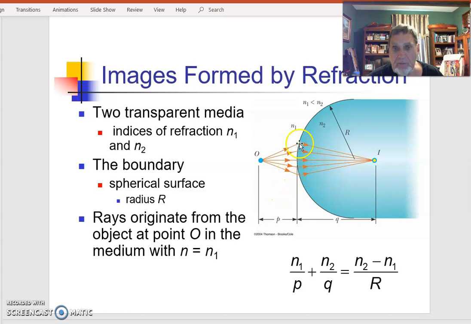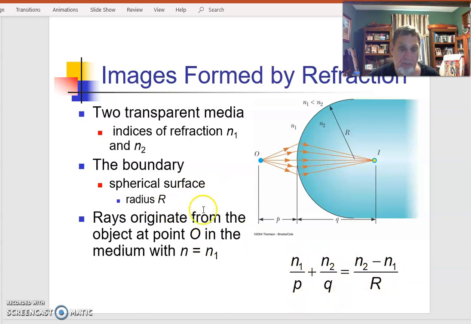Remember we said it's refraction relative to the tangent line. That's how you get your angles. You go through a similar process as we did there, and you get a relationship between the radius now and the two indices of refraction in P and Q.